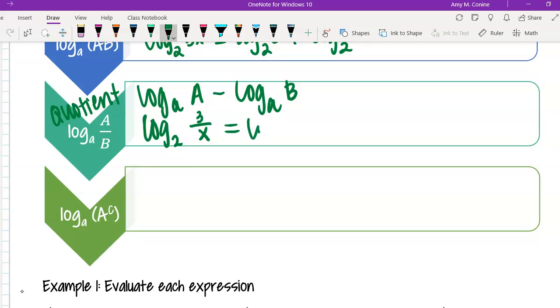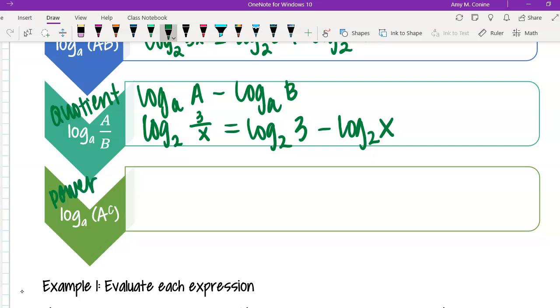That means we can separate it into log base 2 of 3 minus log base 2 of x. Whatever's on top goes first, and what is on the bottom goes after the minus sign. If we were trying to condense this and put it back into a quotient, that's the rule we would follow.